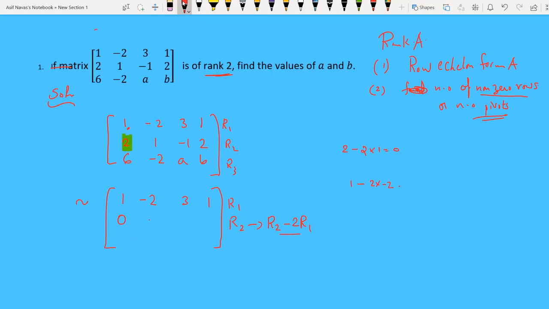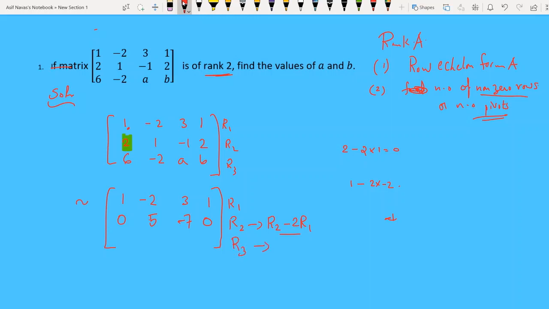So what is the element here? 5. What about here? Minus 7. And 0.